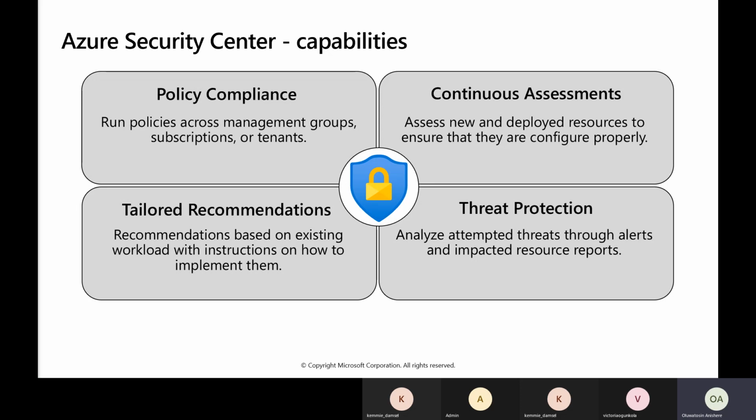So the prevention policies and the recommendations are basically tied to each other. So what I'm trying to say is that in case you enable the prevention policy, maybe something like OS vulnerability, for instance, that's a situation where probably you have enabled some policies on the portal.